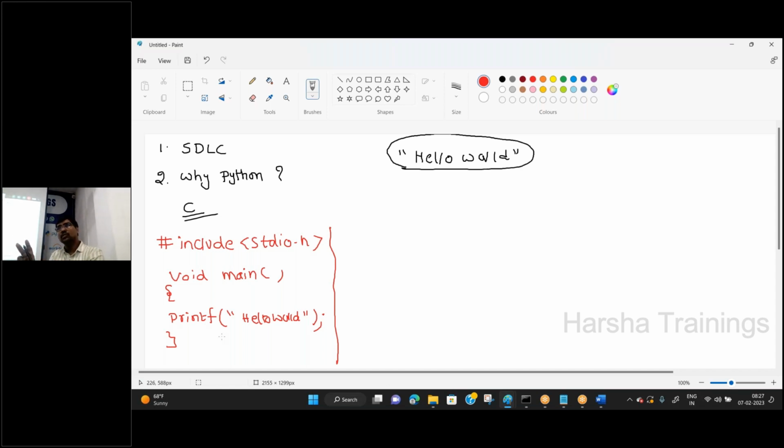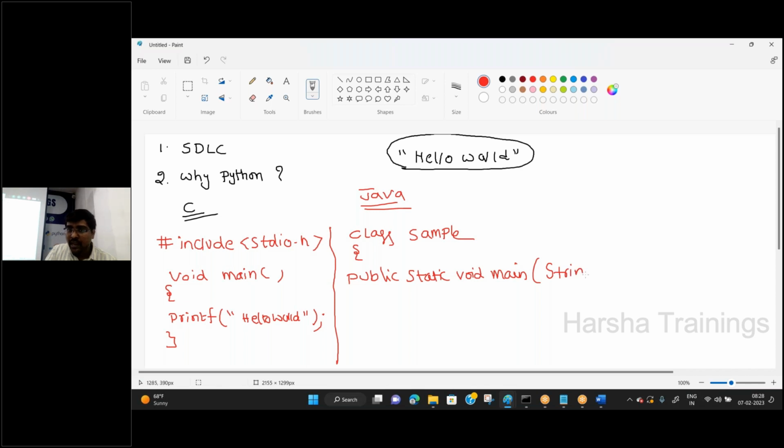What is procedure? What is oriented? Object oriented we discuss in detail later. Just now I am giving only the separation. Next, this is C. Coming to Java. Assume my class name is sample. Here you are writing public static void main string args.